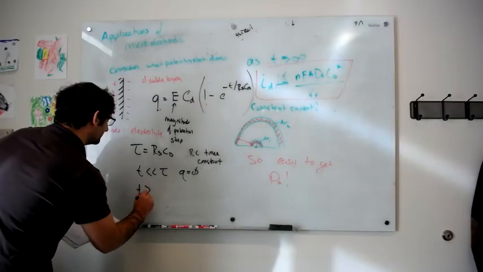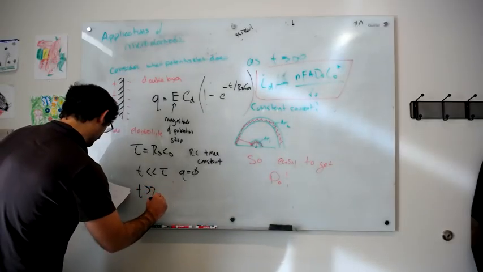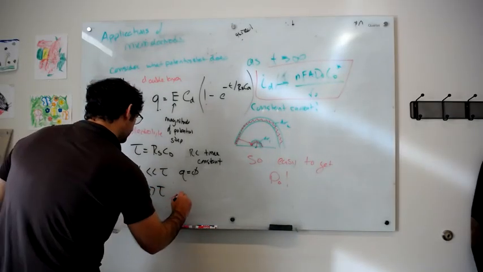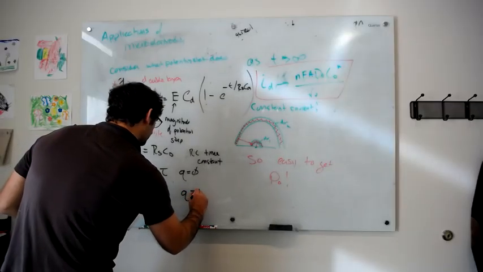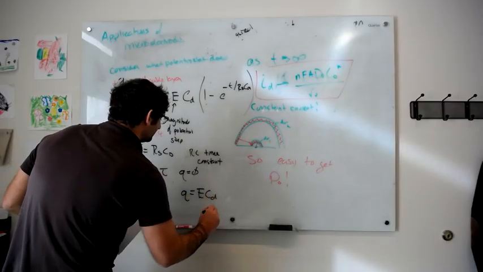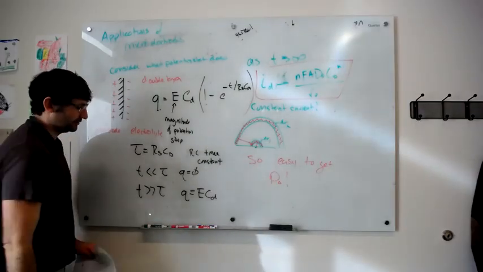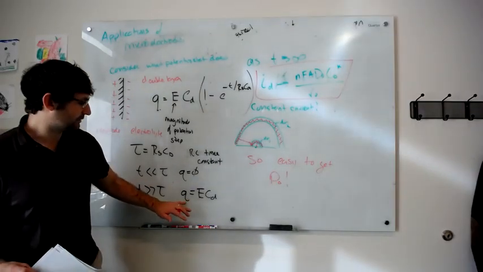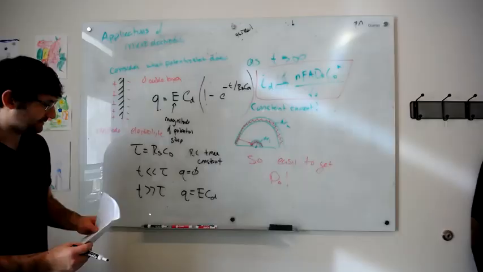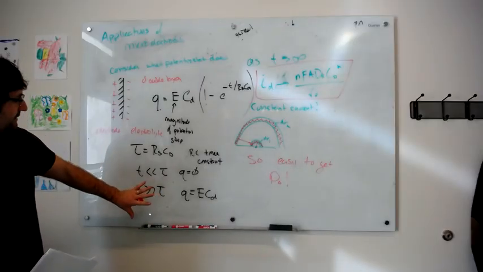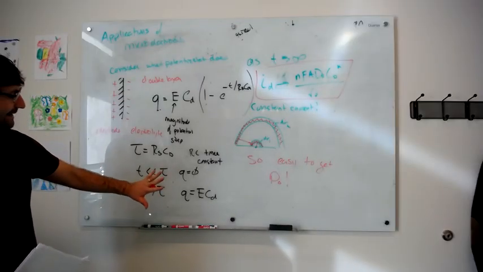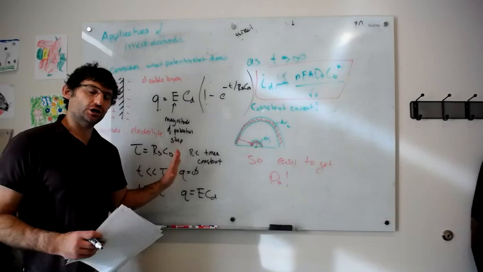But if t is much, much greater than tau, Q equals E CD. And of course, this is the definition of capacitance, the charge per volt. Coulombs per volt is the capacitance. So tau tells you the time scale for putting charge on our capacitor.